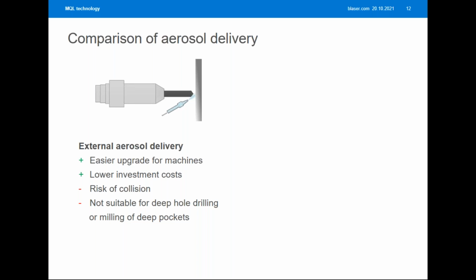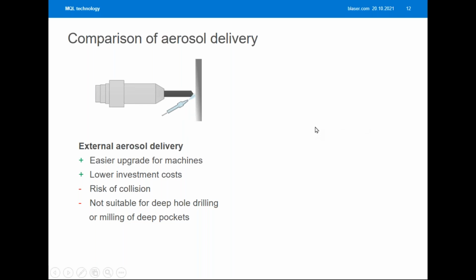For example, if you have different diameters and different lengths of tools, then it's very difficult to make an external MQL aerosol delivery. And of course, there is always a risk of collision if you go externally to the tool. But for example, for sawing applications, external delivery is the standard.